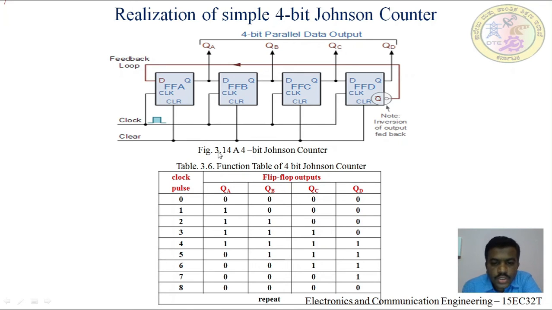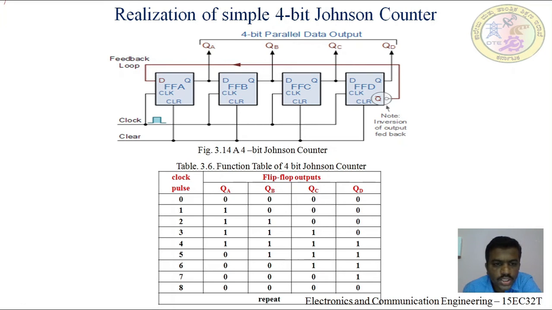Here the Johnson counter is constructed using a 4-bit serial in serial out shift register, but to convert the 4-bit serial in serial out shift register into a Johnson counter, the Q bar output, that is the inverted output of the last flip-flop, is connected to the data input of the first flip-flop.